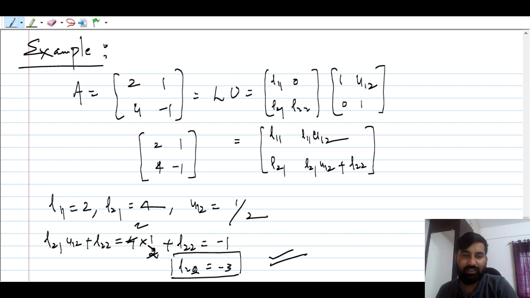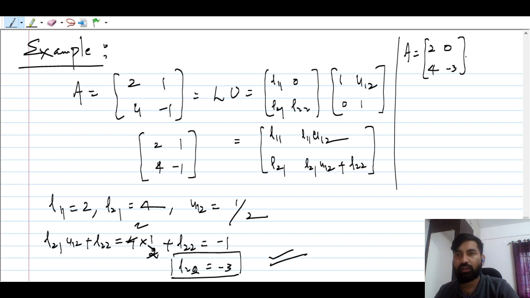So your A matrix becomes: L is 2, 0, 4, and L22 is -3, and the U matrix is 1, 1 by 2, 0, 1, where U12 is 1 by 2.